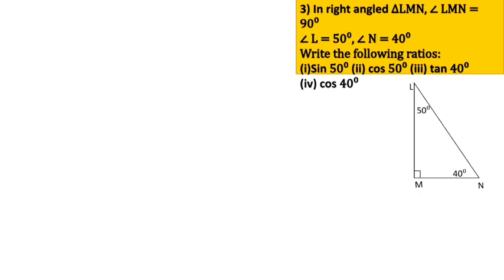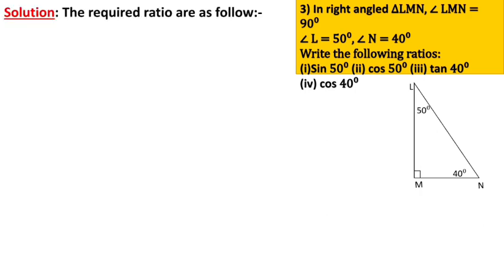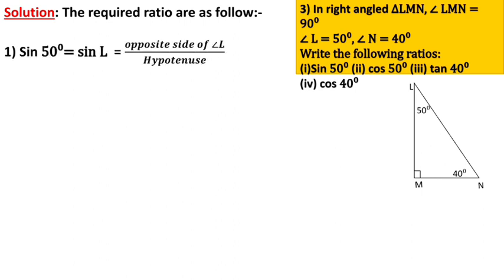Here we have to find the ratios of sin 50 degrees, cos 50 degrees, tan 40 degrees and cos 40 degrees. So now the first ratio we will take is sin 50 degrees. Sin 50 degrees means 50 degrees is the value of angle L. It means we have to find sin L.